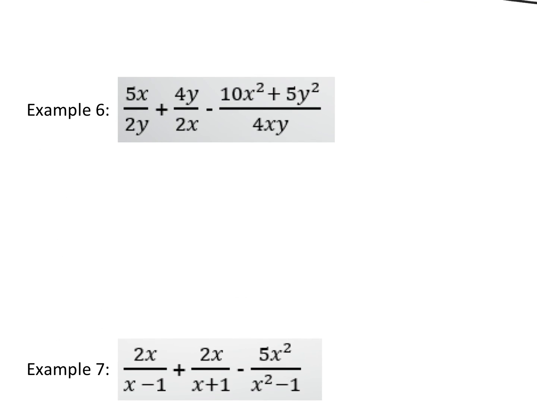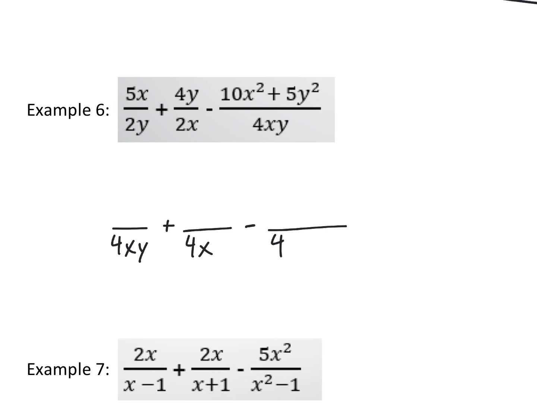Number 6 looks a lot harder than it is, okay? We look at our denominators. Are those monomials or binomials? Monomials, okay? So we just need one term that all of these will go into. All the numbers will go into 4, I agree. So 4 plus 4 minus 4. What about the variables? We just need x, y. You got it.